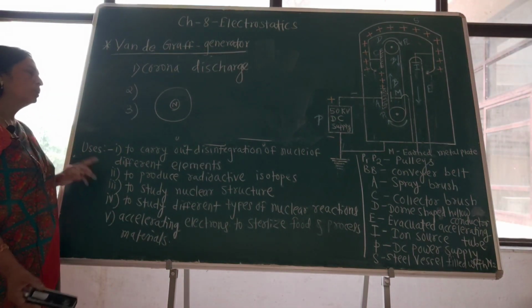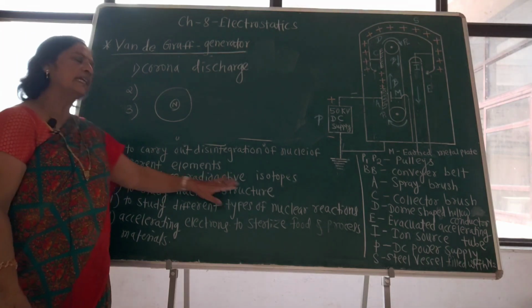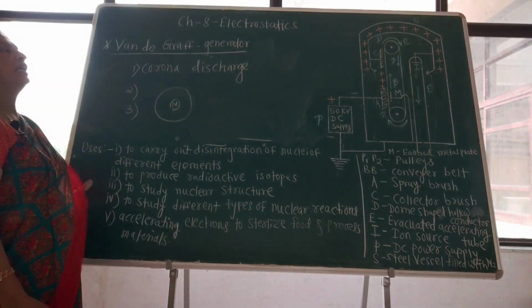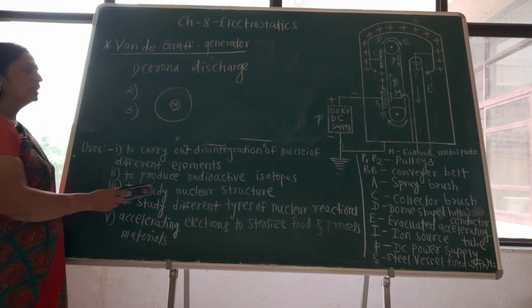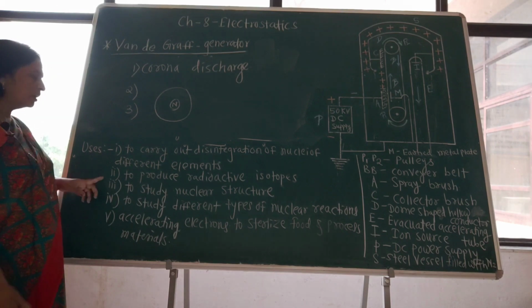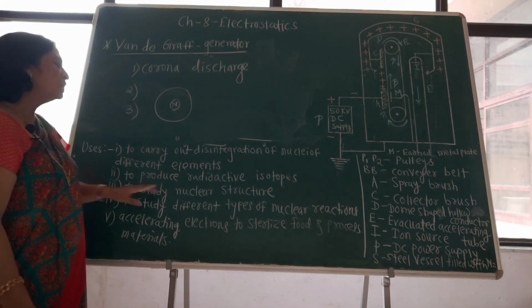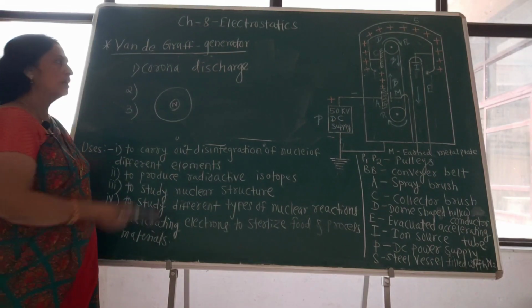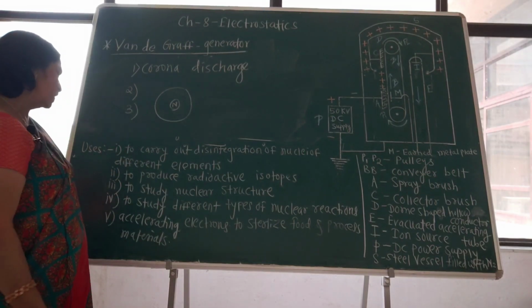Second use, to produce radioactive isotopes. With the help of this accelerated high energy charged particle, radioactive isotopes can be produced. Third use, to study nuclear structure. The structure of the nucleus can be studied with the help of this Van de Graaff generator.